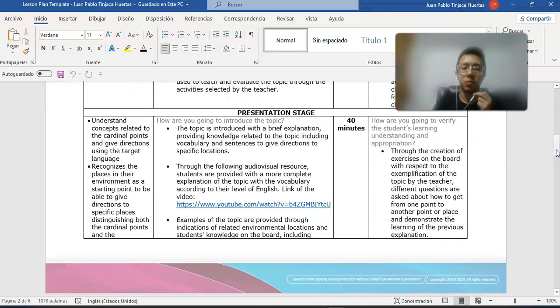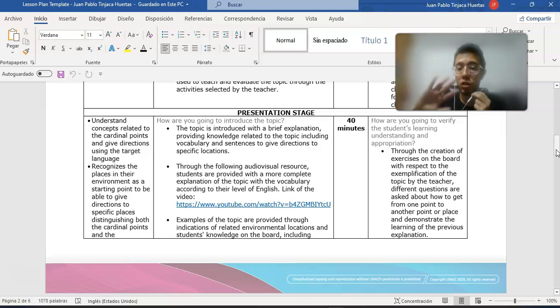So after that, starting the presentation stage, I'm going to introduce the topic using the board as a reference, making, for example, a map, and teach the students the different vocabulary related to providing directions in English using expressions of laterality and using the cardinal points as a reference.